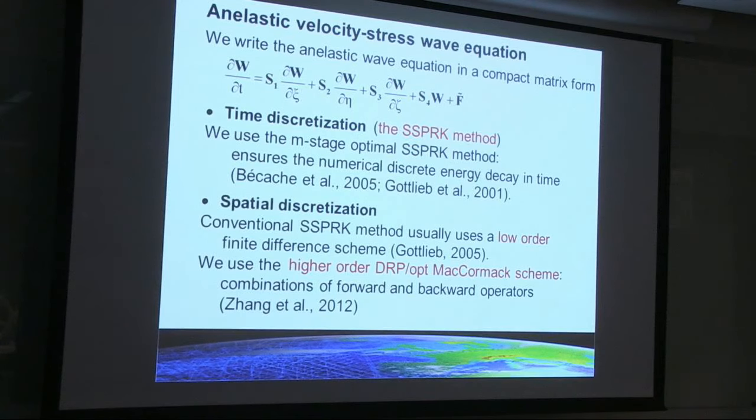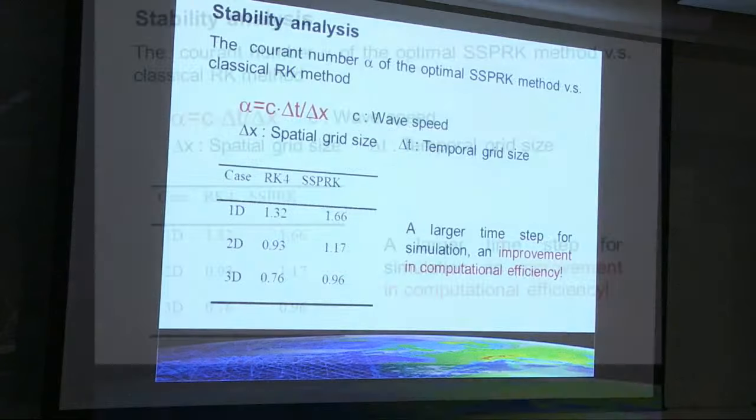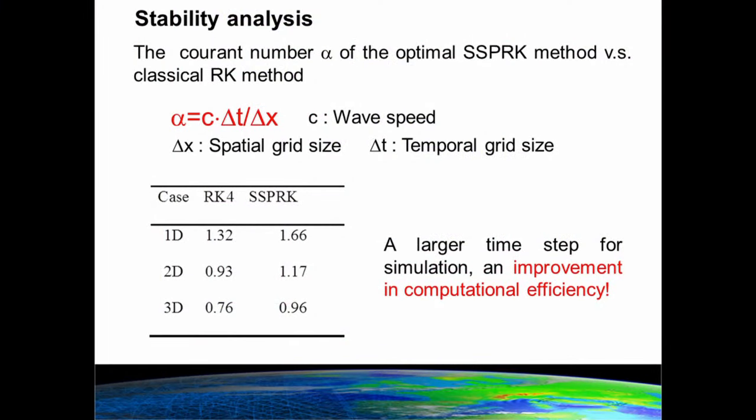Here we use a higher order one, named the DRP, dispersion relationship preserving, OPT McCormack scheme, which uses combinations of the forward and backward operators to reduce the inherent dispersion and dissipation in the numerical methods.